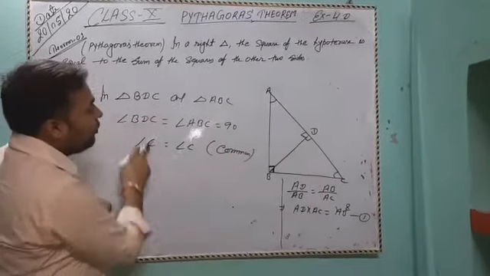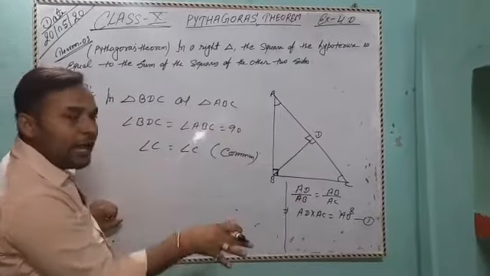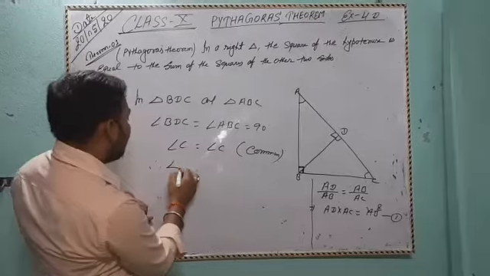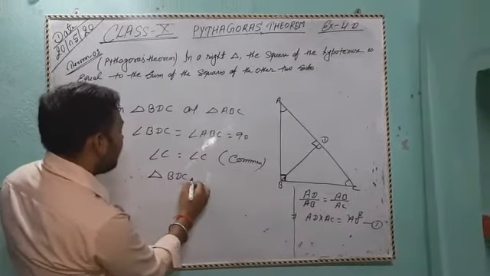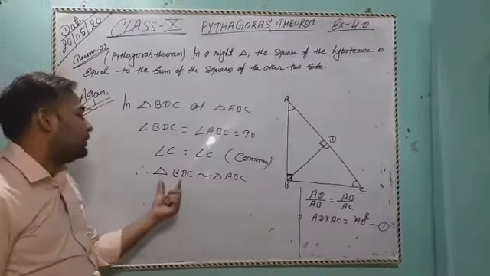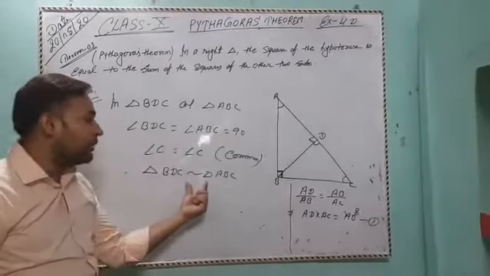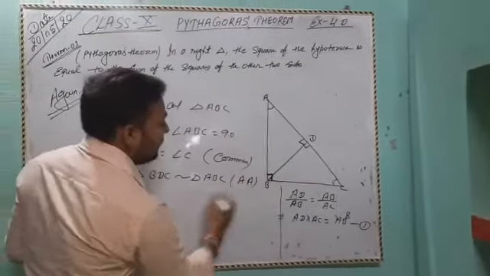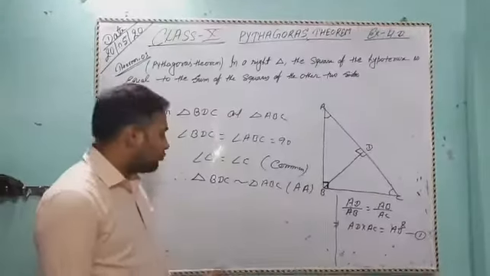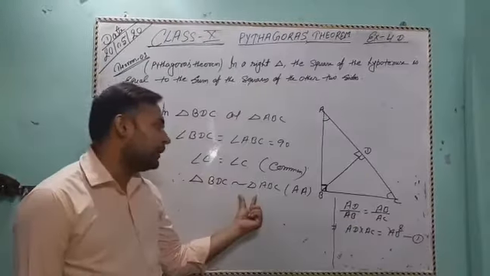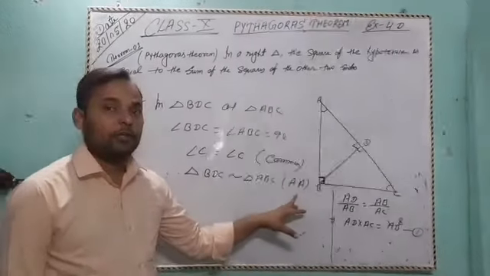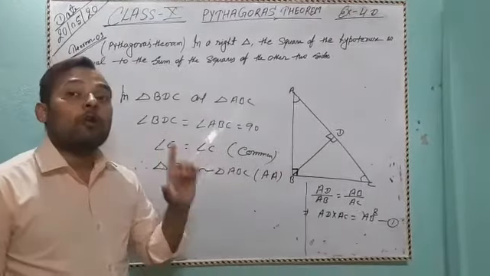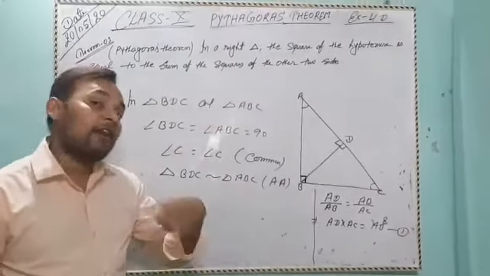So two corresponding angles are equal. Then we write triangle BDC is similar to triangle ABC, by angle similarity. And we know that if two triangles are similar, then the ratio of the corresponding sides are proportional.